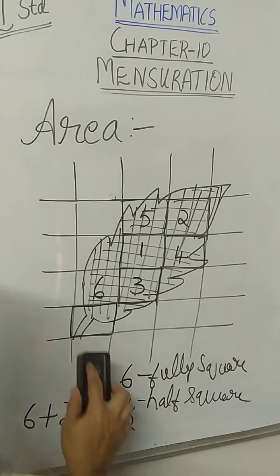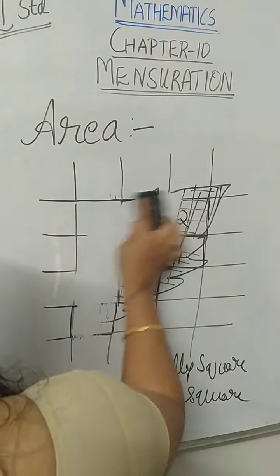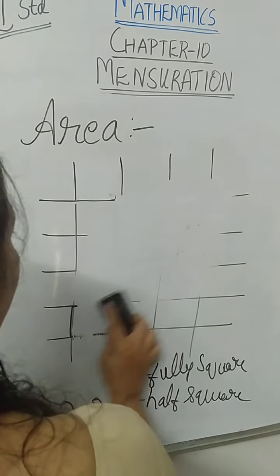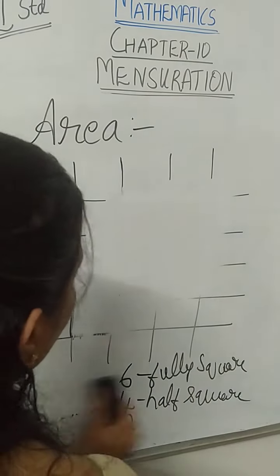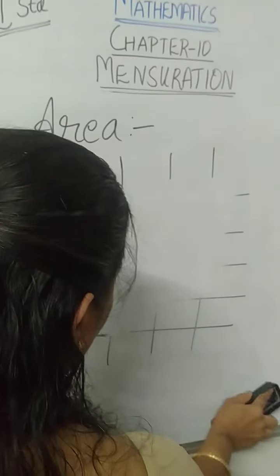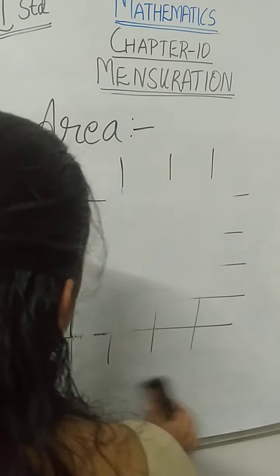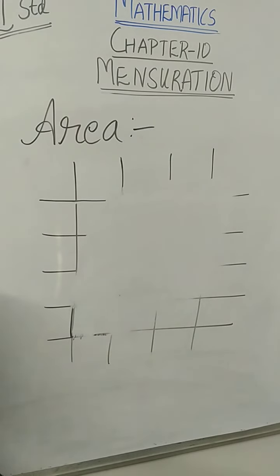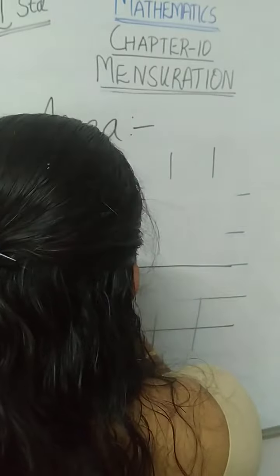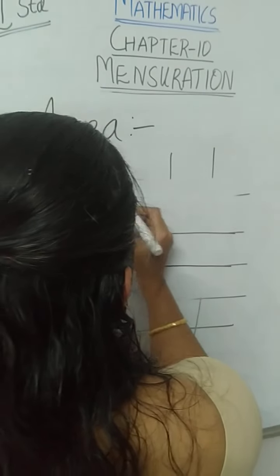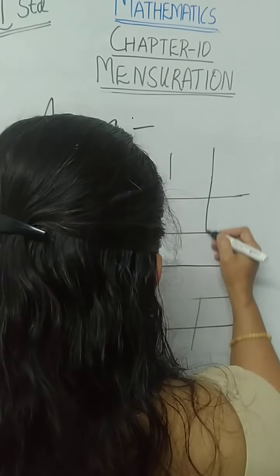To make it clear, I will give you another example. Whichever figure you want to know the area of, you will just draw it on a graph paper. That is irregular shapes. Irregular shapes do not have a formula to calculate.